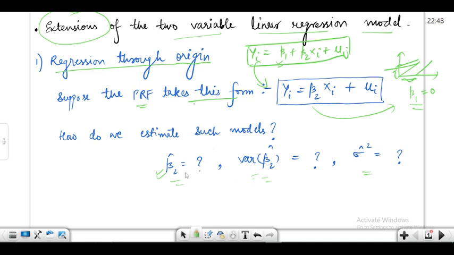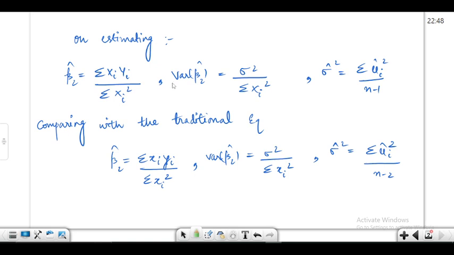We have seen in the traditional form, the formula for computing my estimator beta 2 hat was summation small xi yi upon summation small xi square. We have seen what these notations mean in the previous videos, and you can go back and check them.